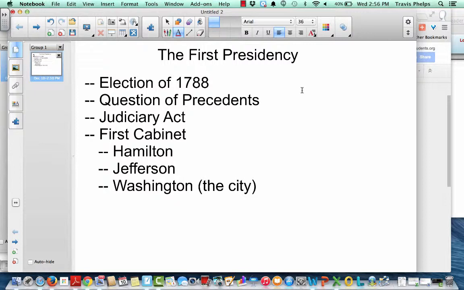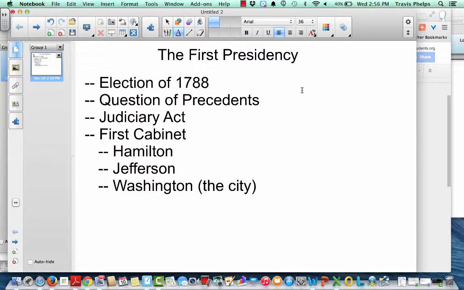He believed that the central government needed to adopt all of the states' national debts into one national debt, which would then give the nation credit, which would help the economy. Hamilton believed in a strong national bank to help the economy as well. He believed that this was necessary in order to create a nation full of manufacturers, people who would create factories, people who would make things, people who would sell things.